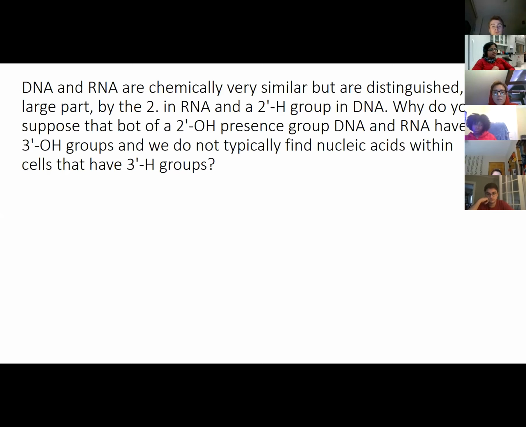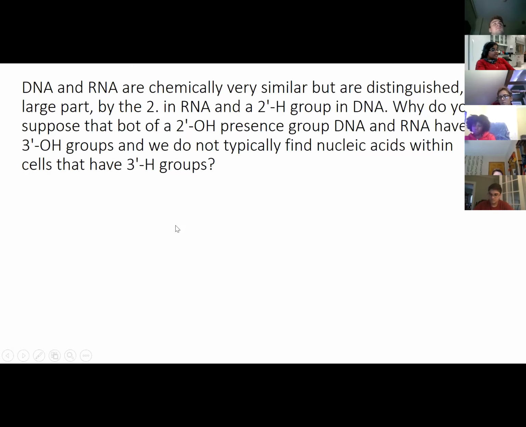Is it because there are 2 sites for the adenine and thymine, and then 3 sites for the guanine and cytosine, or however? Okay. Am I wrong? So we're talking about the sugars, right? Ribose and deoxyribose. In ribose, you have the 2' and 3' having hydroxyl groups.